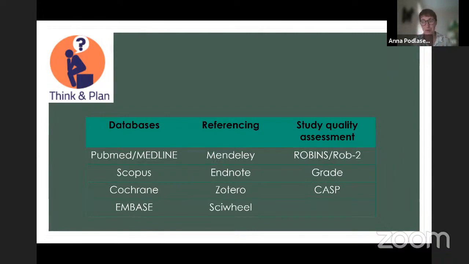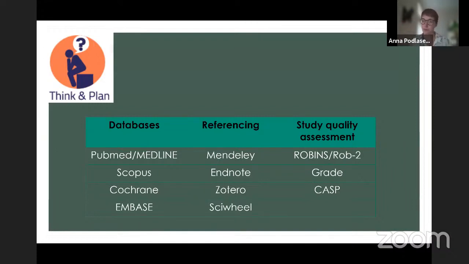Then when you're doing your exploration, it is good to know yourself, because you will never remember everything. It is good to have a little bit of structure and know how you put your thoughts in order so that you can come back to them. It is also good to become a friend with one referencing manager. It makes your life much, much simpler. I personally use Mendeley. I love it for its keyboard shortcuts. I'm so used to it. I've been using it for at least 10 years. So this is my choice.